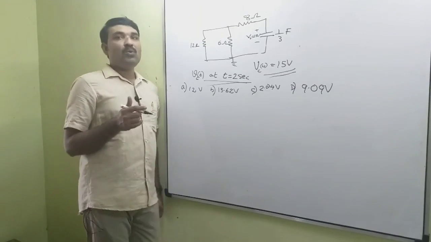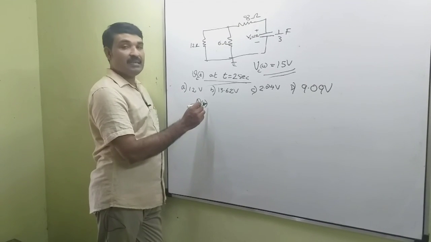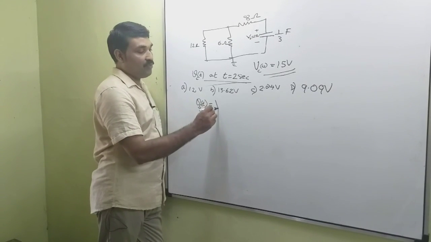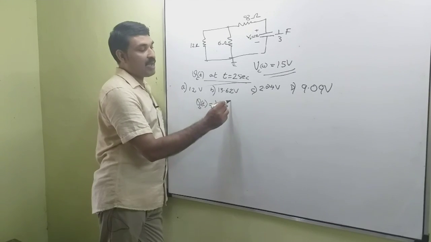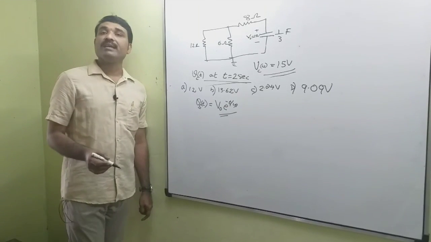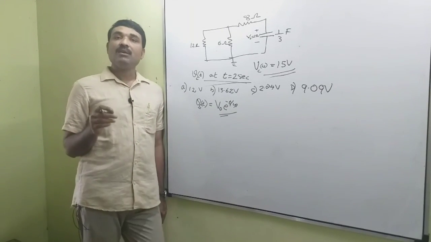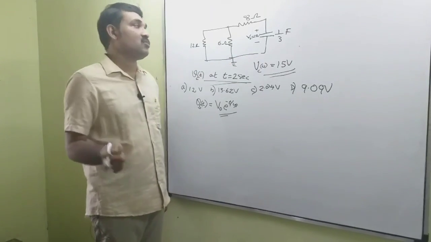Okay, now we know that VC(t), that is the voltage across a capacitor, is equal to V0 into e raised to minus t by tau, where V0 is the initial voltage across a capacitor, that is the voltage at time t is equal to 0. That is given as 15 volt in the question.